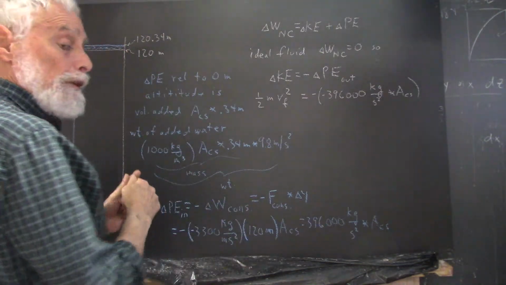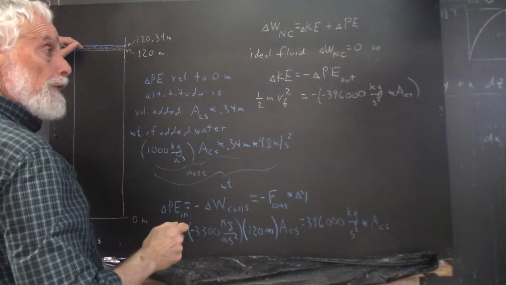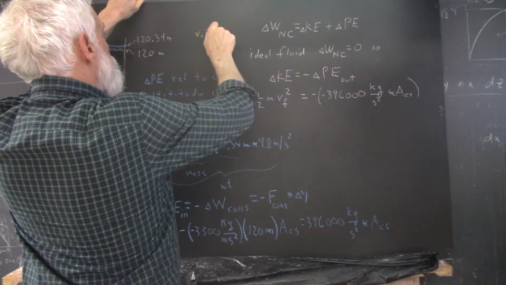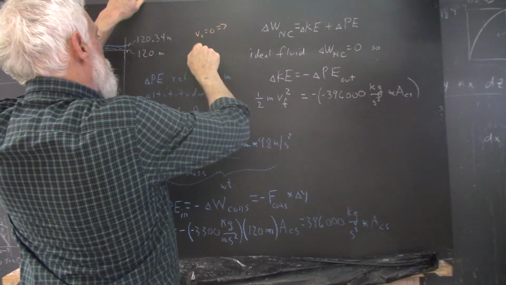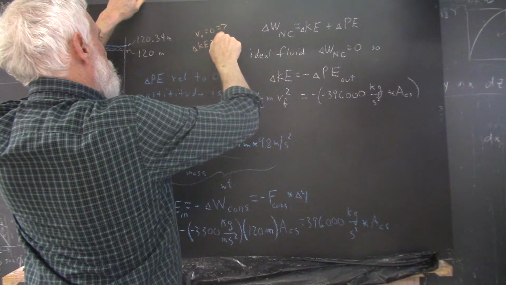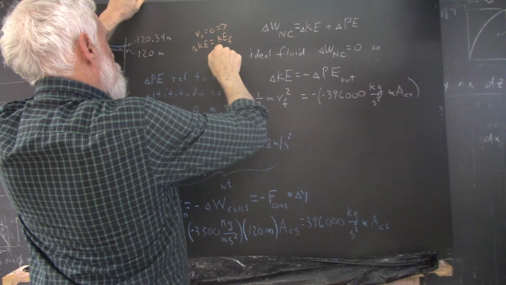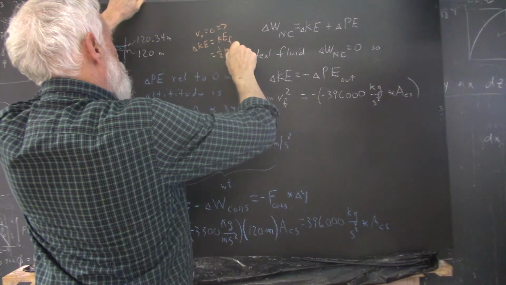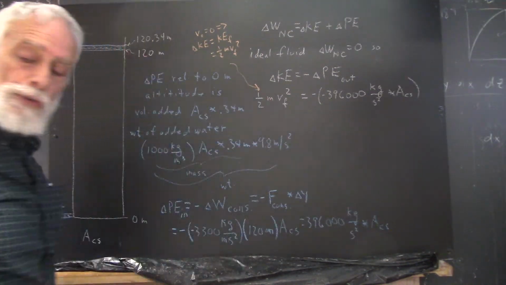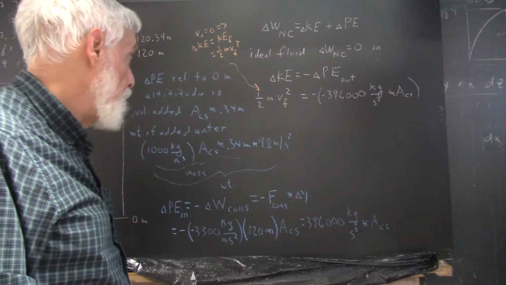Now, making a little note here. The initial velocity of this fluid is 0. So the change in kinetic energy equals just the final kinetic energy, which is 1/2 mVf squared. So that's where this 1/2 mVf squared comes from, to just complete the idea.